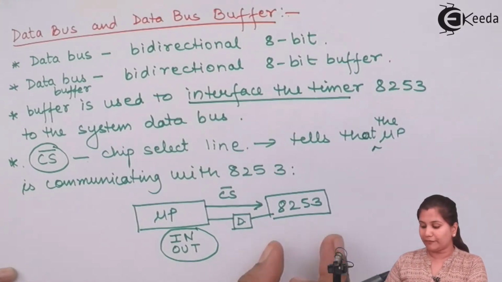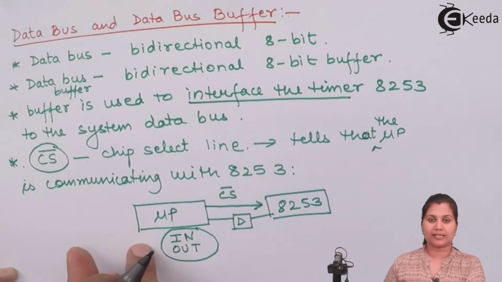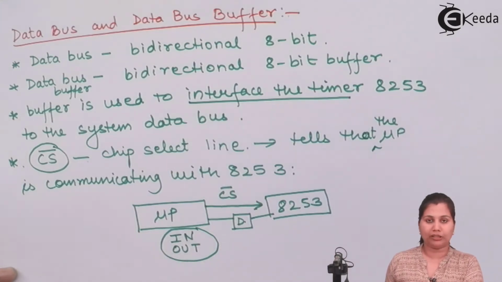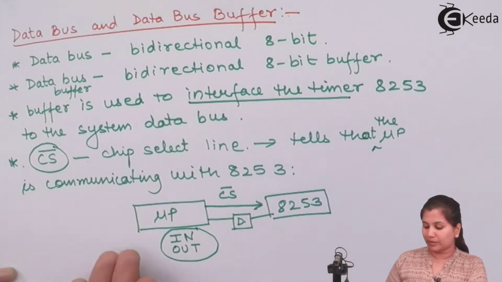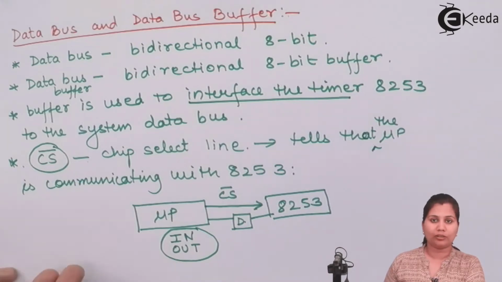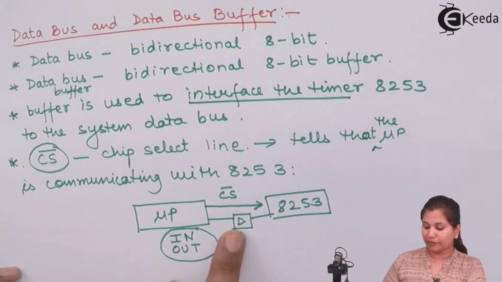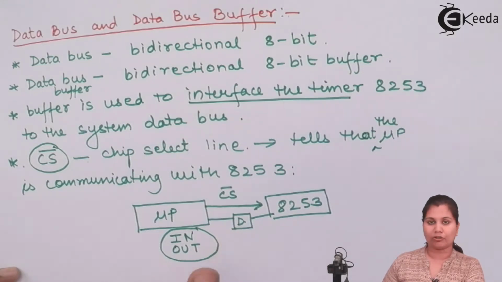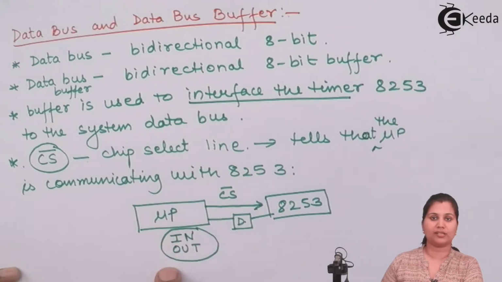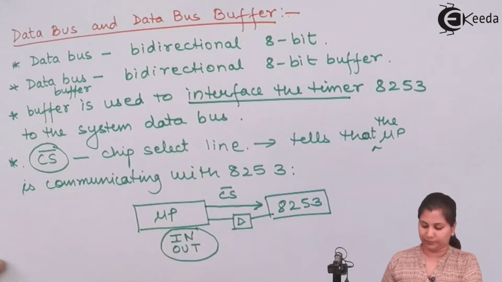So when 8253 is connected to microprocessor, it is acting as an input output device. So the microprocessor is going to use the IN and OUT instructions for transmitting or receiving the data from the peripheral device or from the timer. So this data bus buffer is going to receive or transmit the data when the microprocessor is executing the instructions IN and OUT.